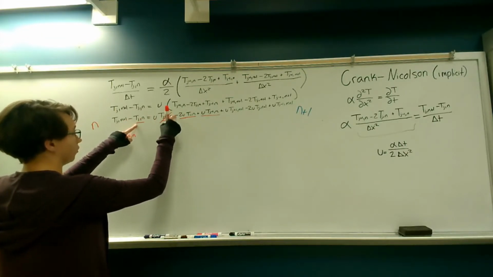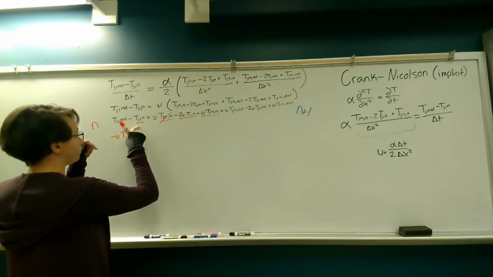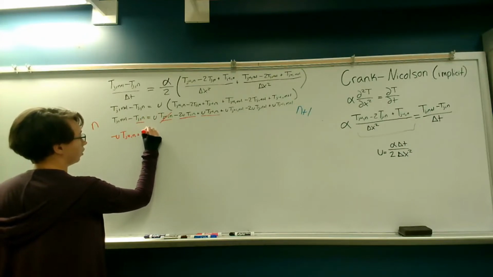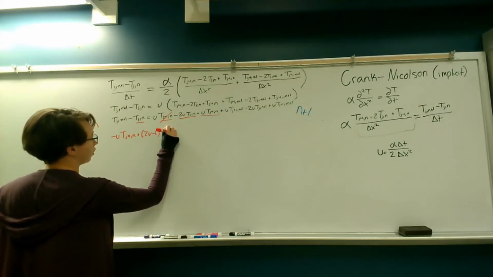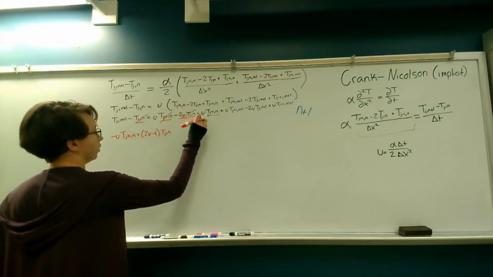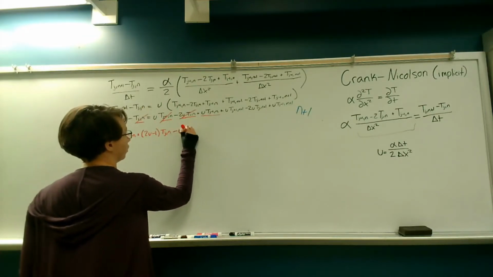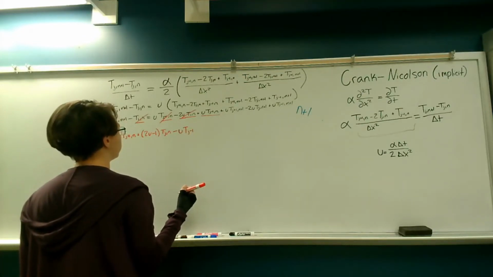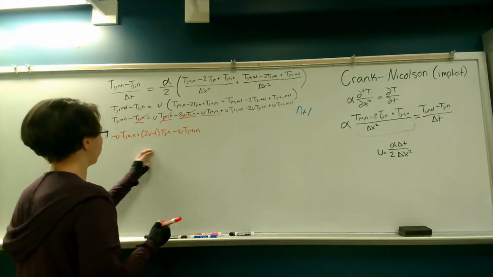We subtract this one over, it becomes positive, so 2u minus 1 times t j at n. And then we need this one, subtract it over, so minus u t j minus 1 at n. Okay, and so that's that side.